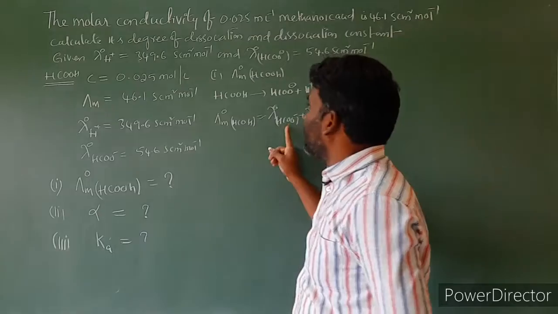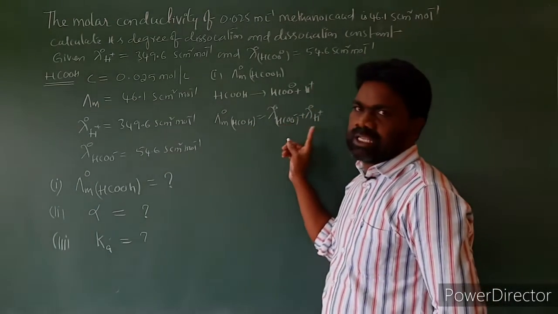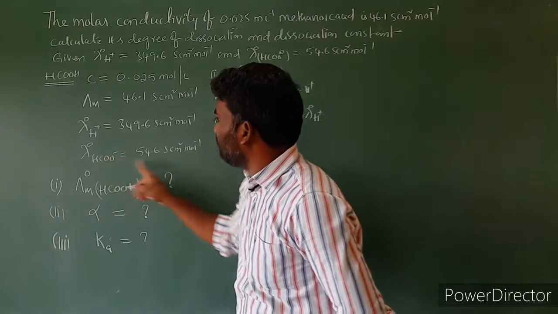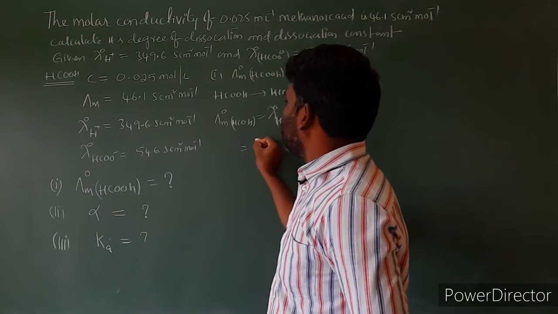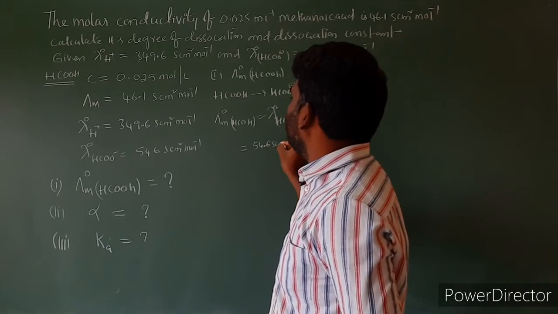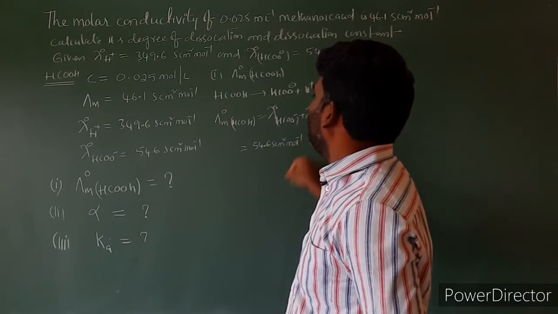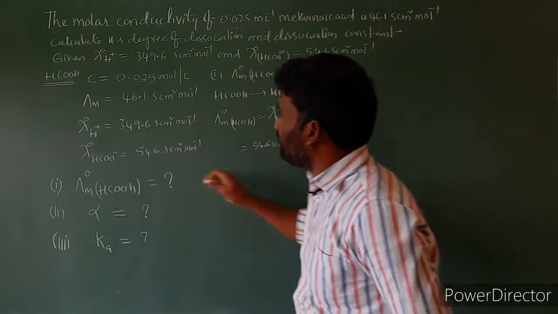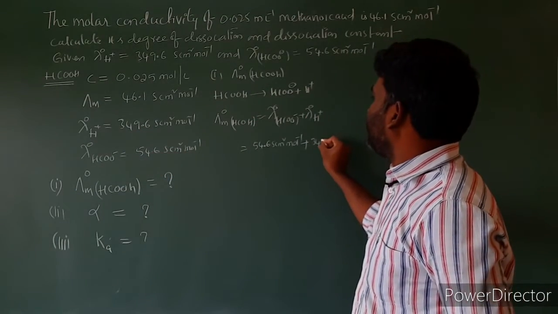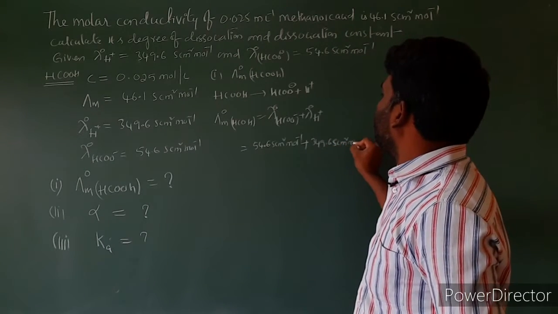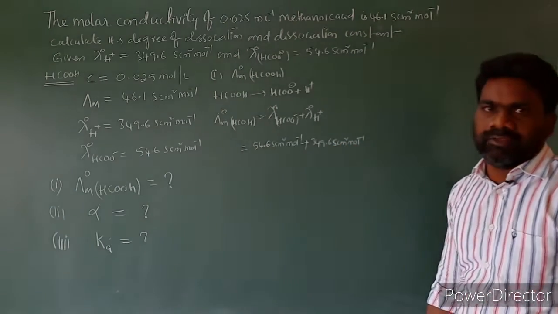Then these values are given, lambda naught HCOO minus and lambda naught H plus. Substitute it. So lambda naught HCOO minus is equal to 54.6 Siemens centimeter square mole inverse plus lambda naught H plus, which is given as 349.6 Siemens centimeter square mole inverse.